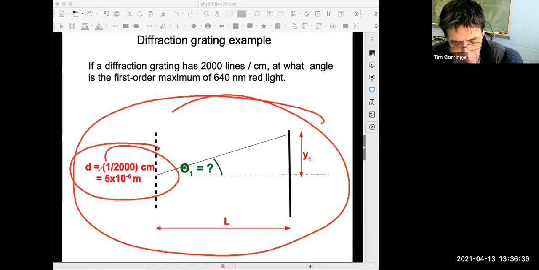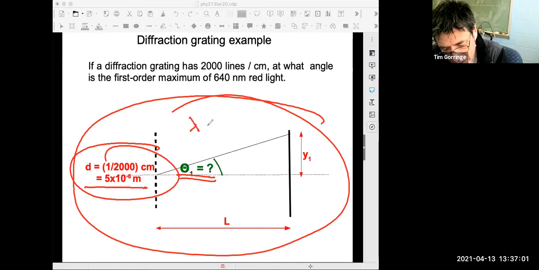So it'd be 1/2,000 centimeters, or in meters, it is 5 × 10⁻⁶ meters between adjacent slits. And we've got to figure out this angle here of the first order maximum for light of wavelength 640 nanometers.